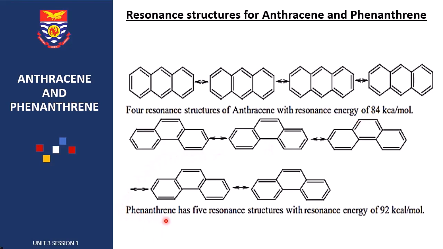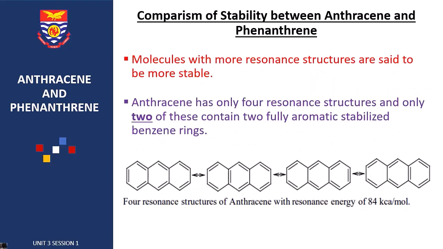However, phenanthrene has 5 resonance structures with a resonance energy of 92 kcal per mole. Just as we talked about naphthalene in the previous slides, the number of resonance structures is related to the stability. The more resonance structures a compound has, the more stable it is. Molecules with more resonance structures are said to be more stable.